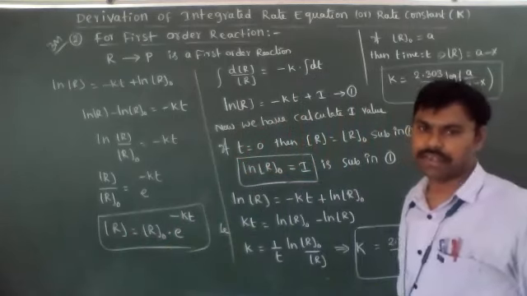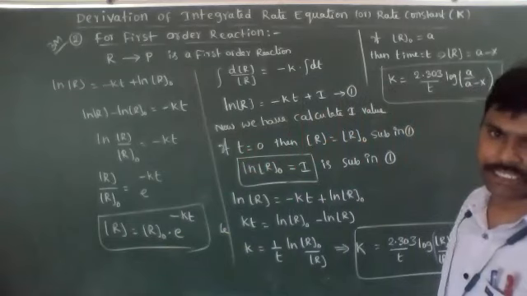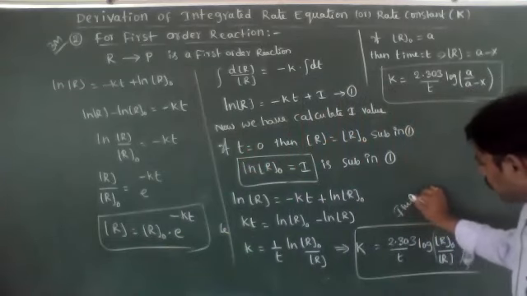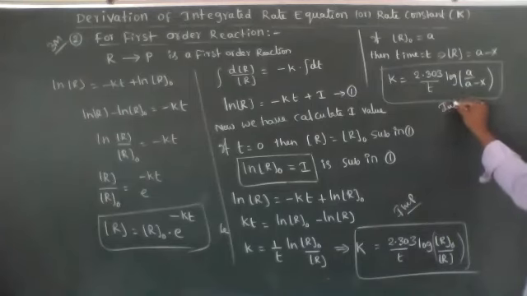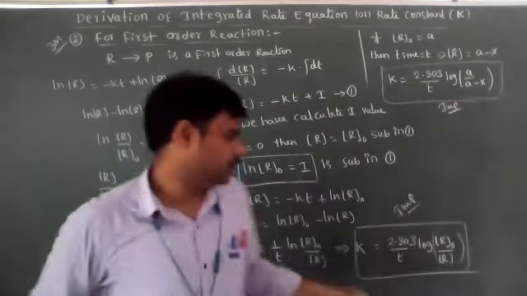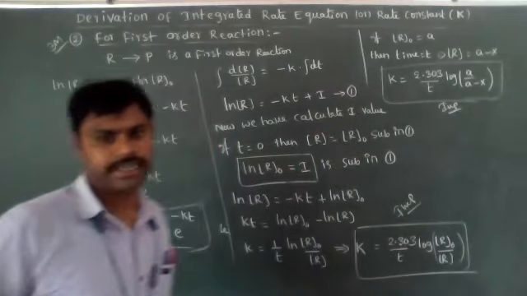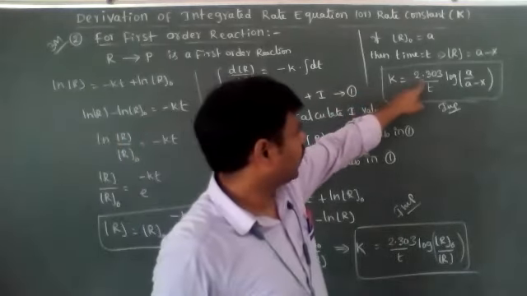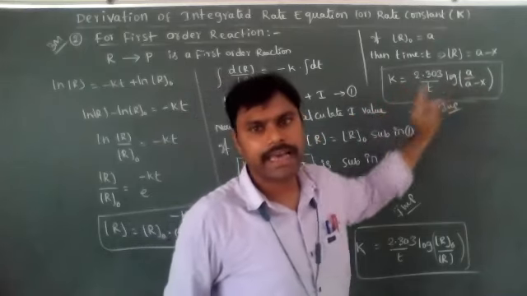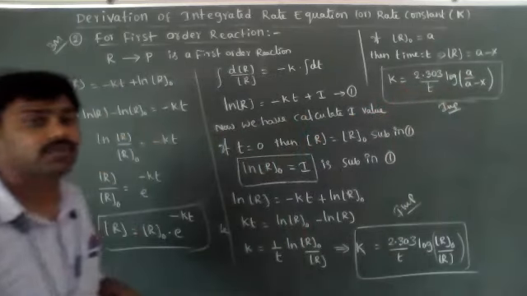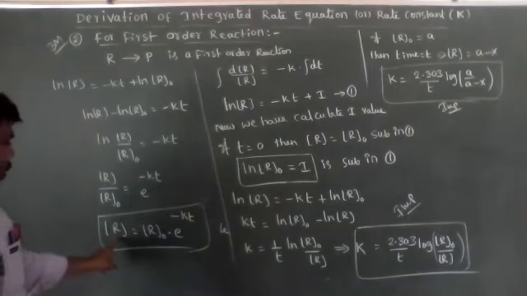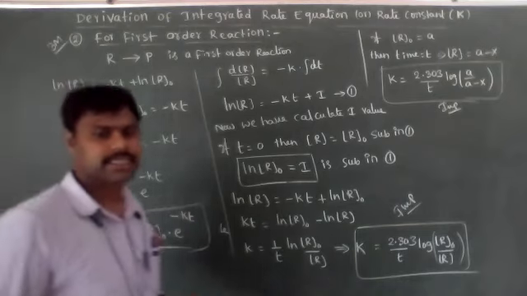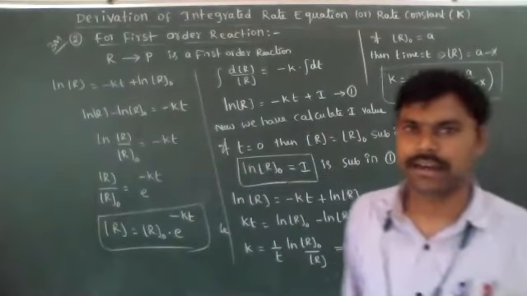Most probably we need to remember this equation, and also this one: k equals 2.303 by t into log R naught by R, or k equals 2.303 by t into log a by a minus x. Another representation for first order reaction is R equals R naught into e to the power of minus kt.